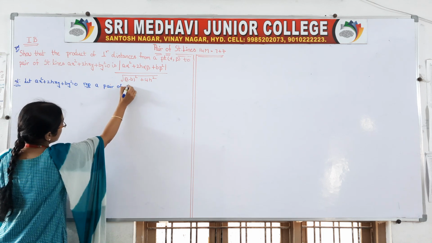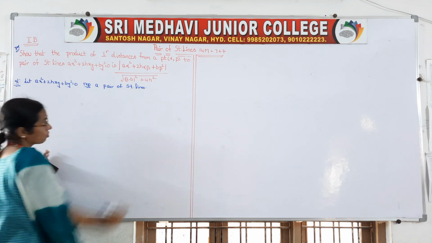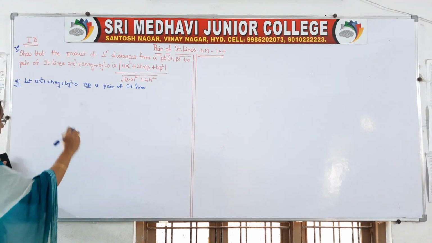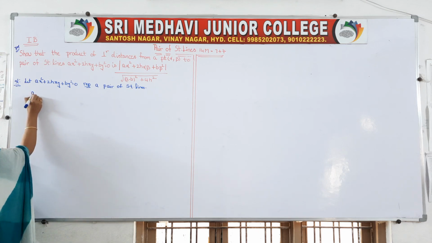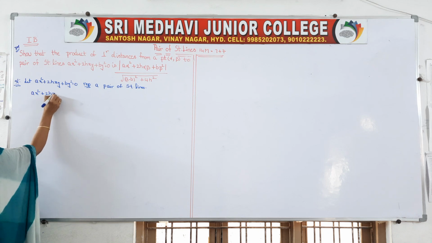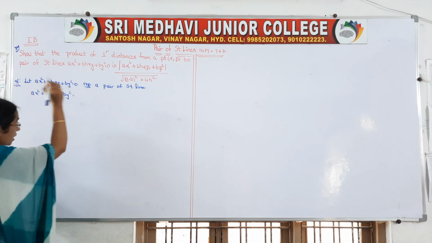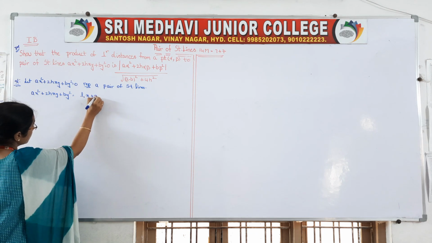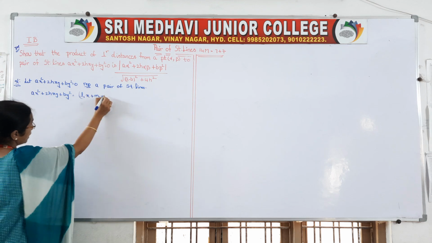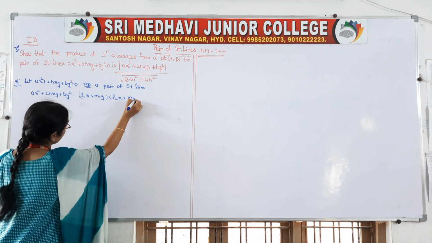Whenever it represents a pair of straight lines, we will write the combination of two lines OA and OB, just like our previous theorem. So we can write this as ax square plus 2hxy plus by square is equal to, come on, how will we write? The combination of L1x plus M1y into L2x plus M2y.